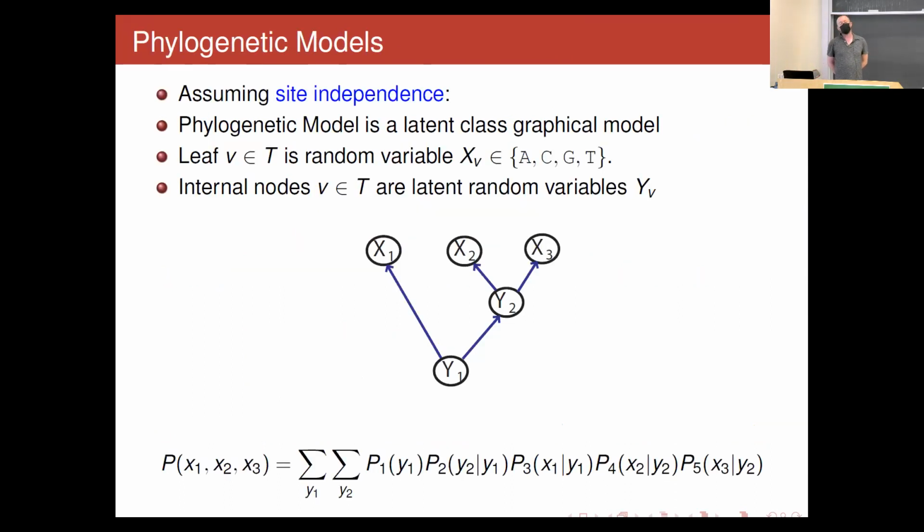Okay, so what do those phylogenetic models look like? They're examples of something in statistics we would call a latent class or hidden variable graphical model. The underlying graph is just the tree. And the way these work is you have a random variable at each node in the tree, and that random variable can just take one of 4 possible states.